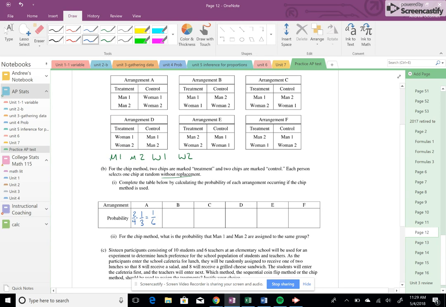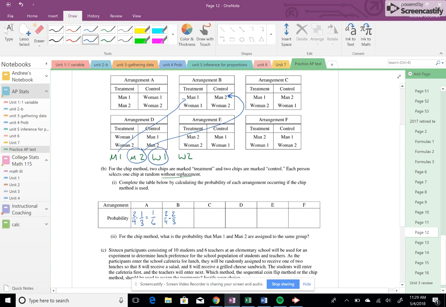Moving on to arrangement B. Man 1 draws treatment, 2 out of 4, 1/2. Now man 2 draws control. There were 2 controls left, and 3 chips that he chose from.